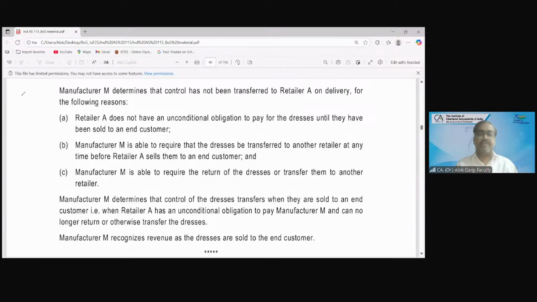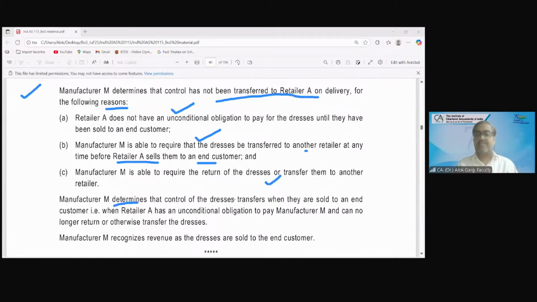Manufacturer M determines that the control has not been transferred to retailer A on delivery for the following reason. Retailer A does not have an unconditional obligation to pay for the dresses until they have been sold to the end customer. Manufacturer M is able to require that the dresses be transferred to another retailer at any time before retailer A sells them to the end customer. And manufacturer M is able to require the return of the dresses or transfer them to another retailer.